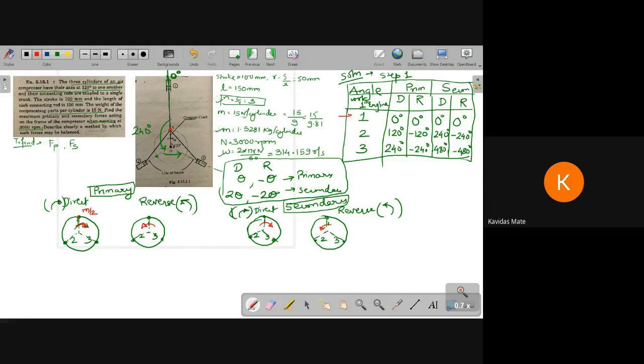If you see over here, m by 2 for direct is kept at 0. 0 is which direction? Along the crank. So the first mass, half of the mass of reciprocating, is kept over here. For reverse, it is again kept at 0. Where is 0? 0 is at this position. So m by 2 is kept over here.